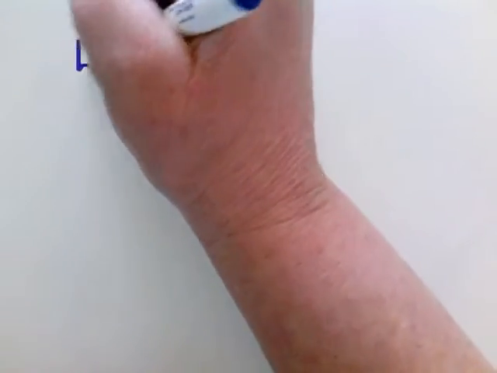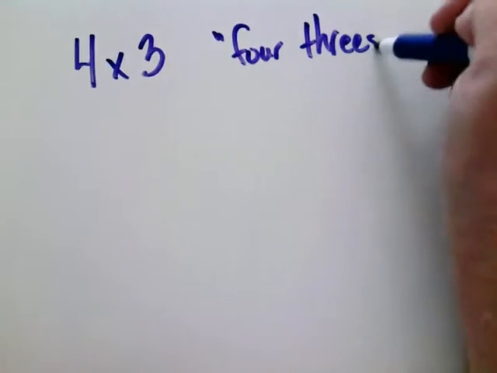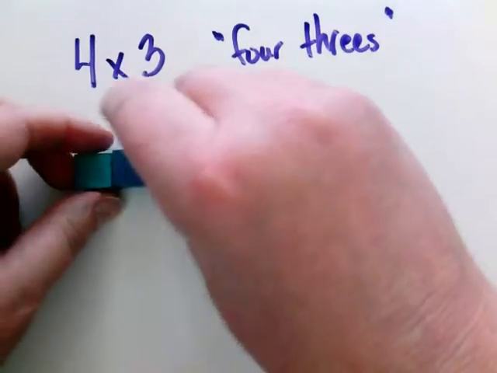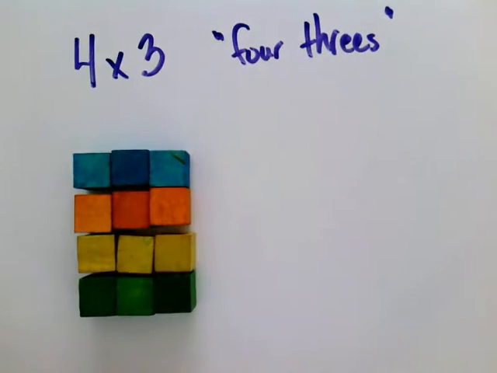So let's look at the same problem. 4 times 3, which we know is 12. Now 4 times 3 means 4 threes. So we can use some blocks to show 4 groups of 3 blocks in each group.